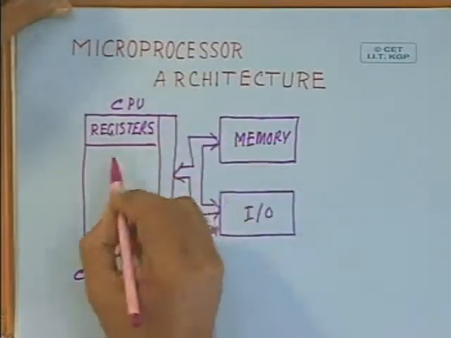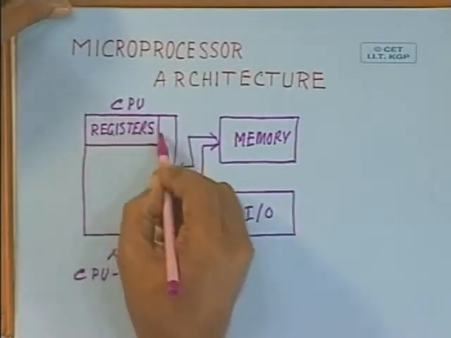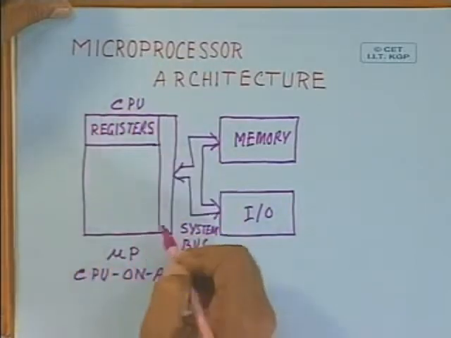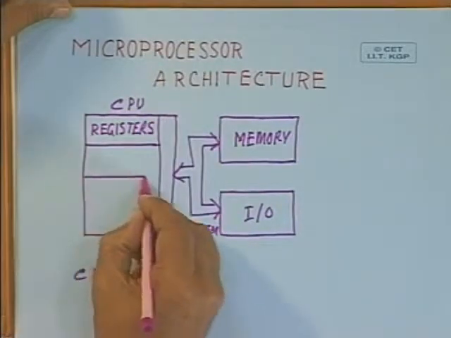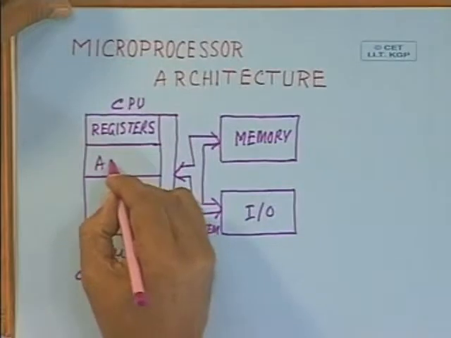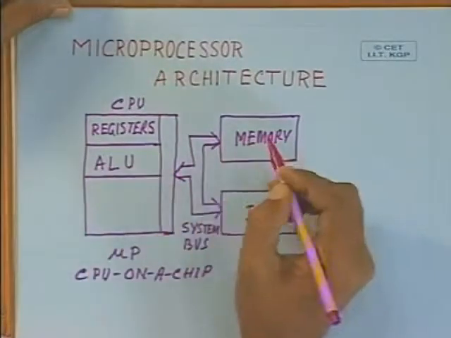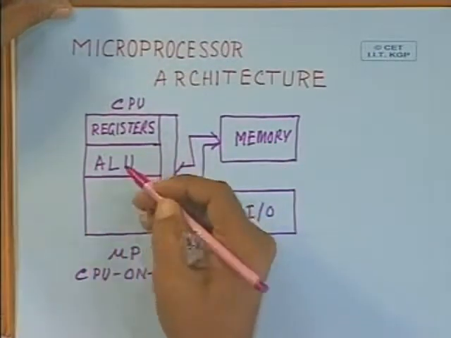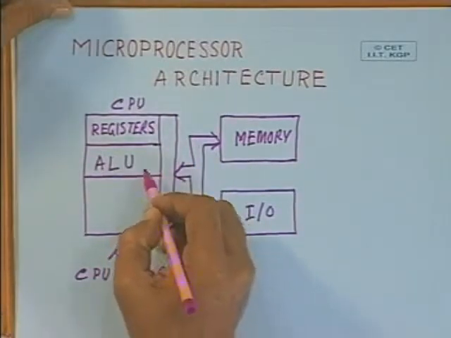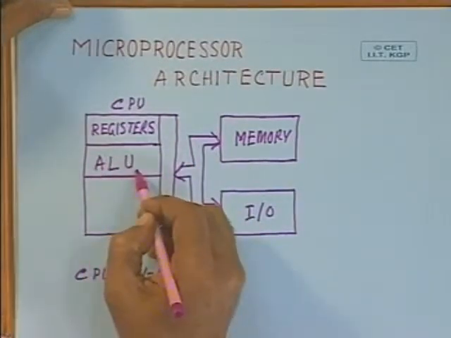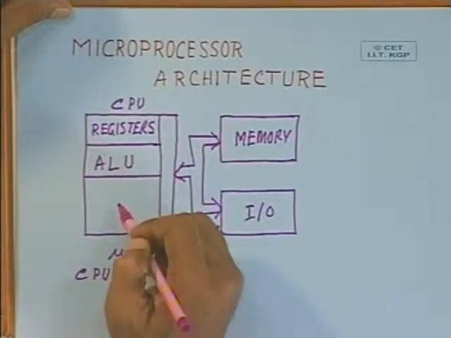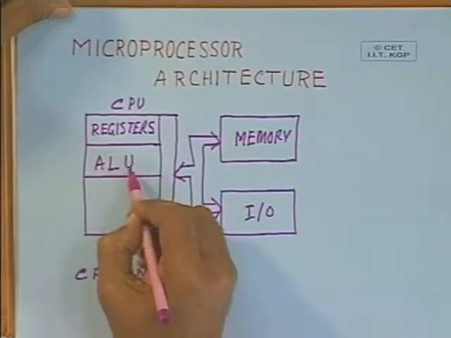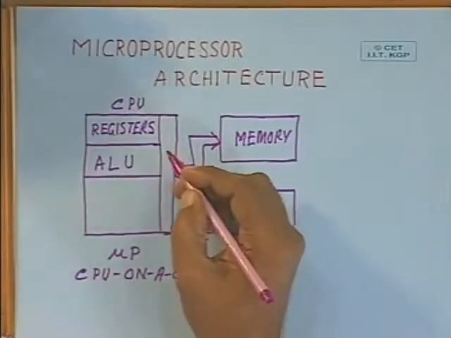Then inside the CPU they have to be temporarily stored. These are stored inside these registers. You will require ALU, arithmetic and logic unit, which is responsible for processing the data. That means ALU is used for performing data processing. The ALU name has come because it can perform various arithmetic operations, logical operations, and with the help of that, data processing will be performed.